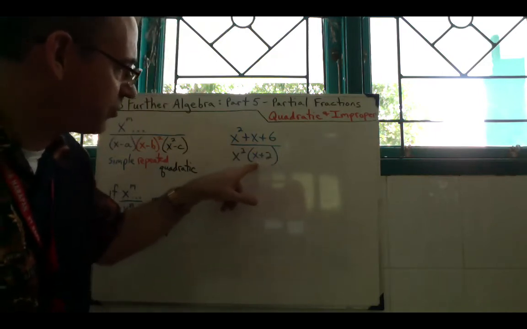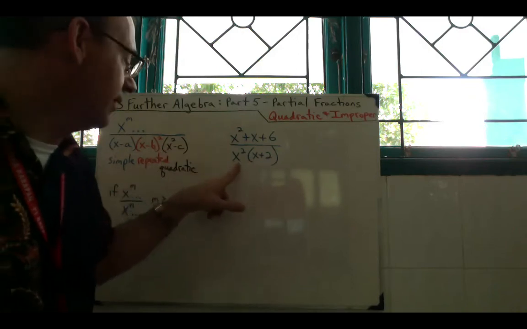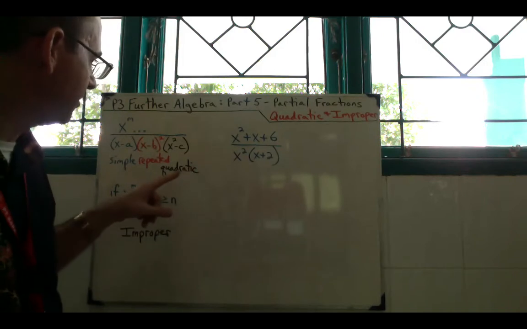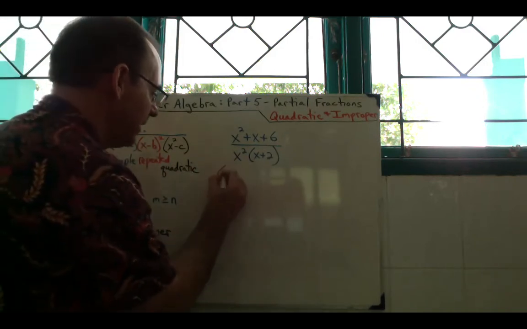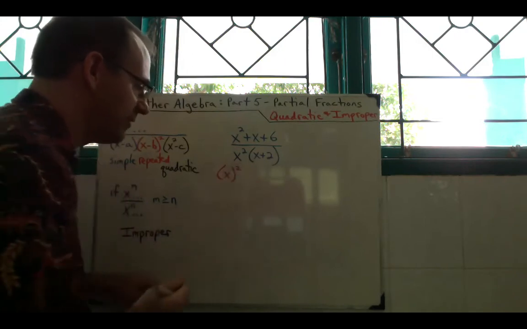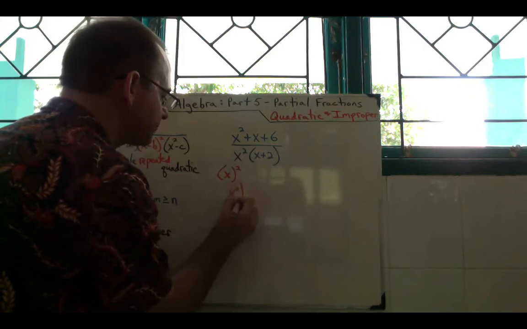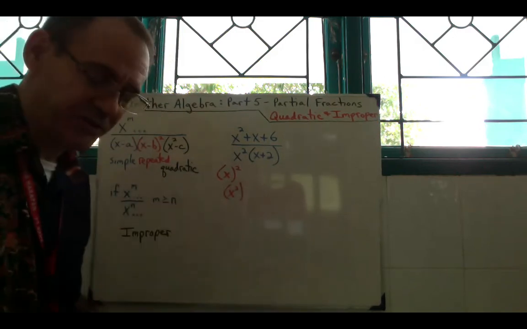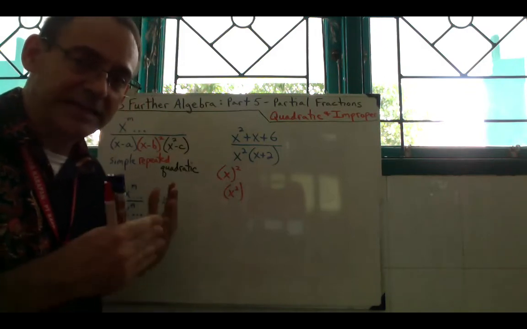We see that this one, x plus 2, is a simple factor, but this one, you might ask the question, how do you know if this is a repeated, as in x with a square on the outside, or is it a quadratic with the square on the x on the inside, because they're both the same? And actually, the answer is you can solve it either way.